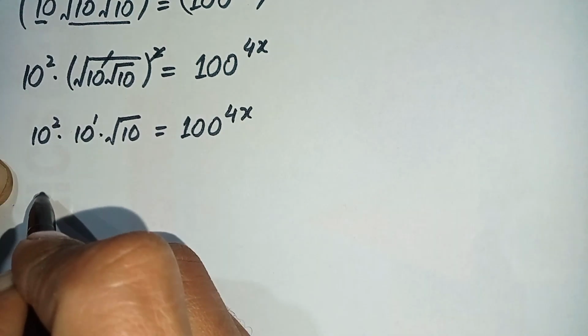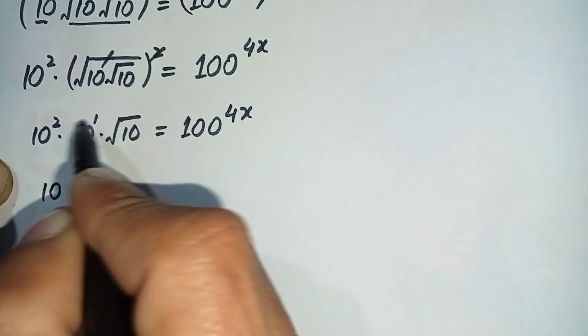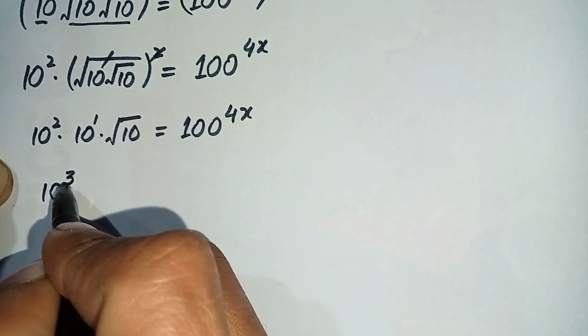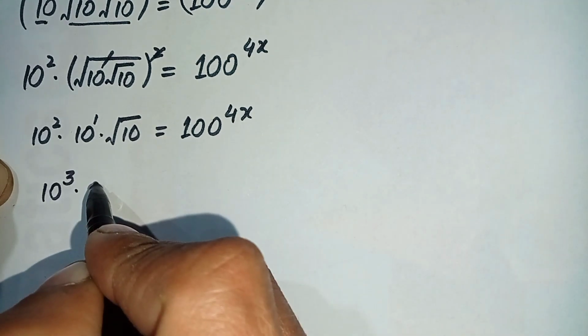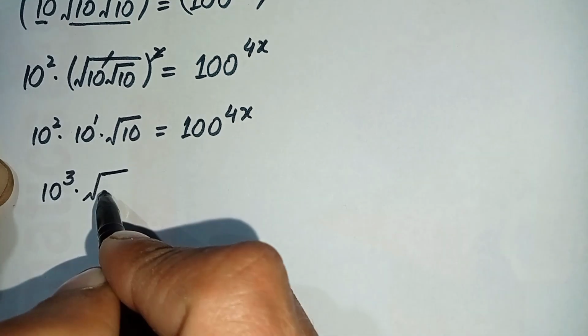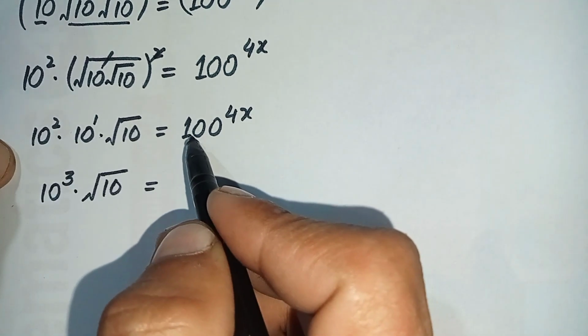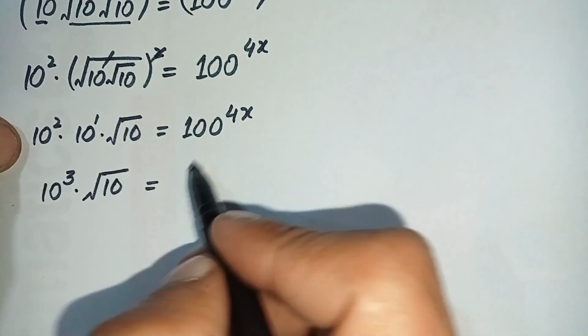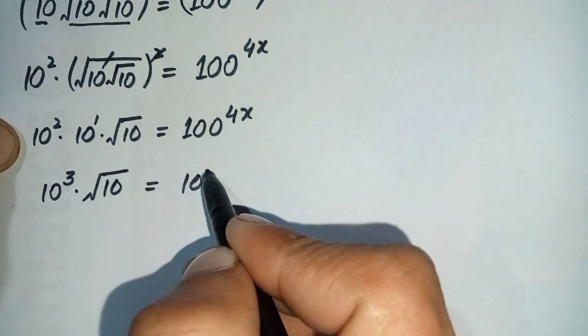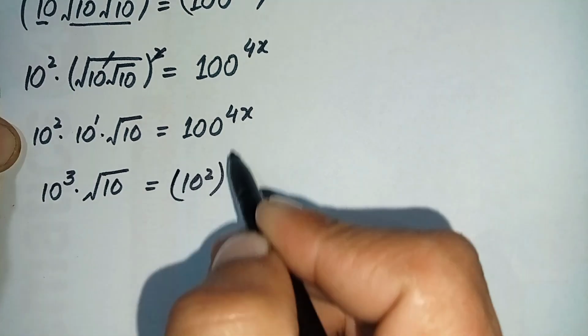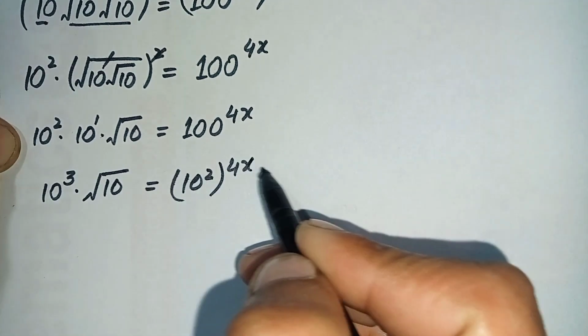So it will become 10 raised to power 2 plus 1 is 3, so it will become 10 raised to power 3 times square root of 10 is equal to, and here we can write 100 as 10 raised to power 2 whole raised to power 4x.